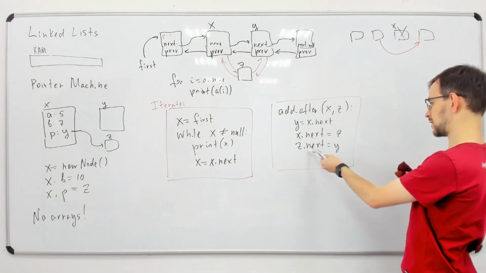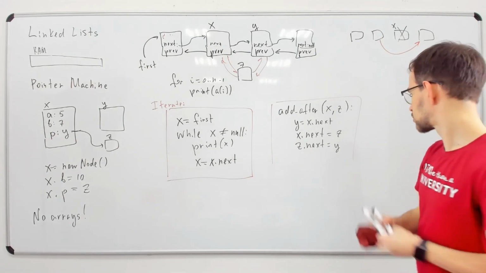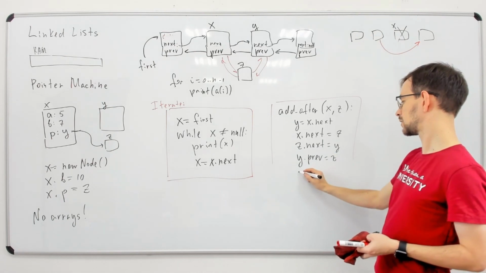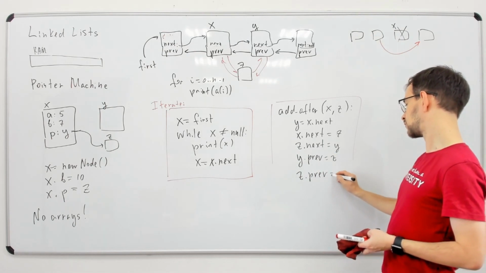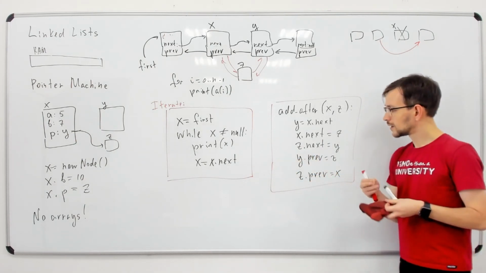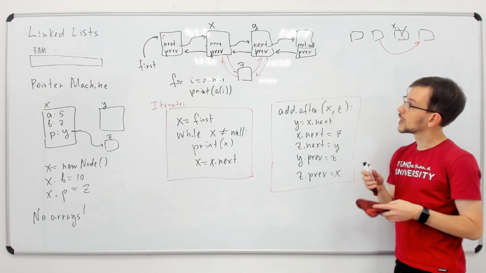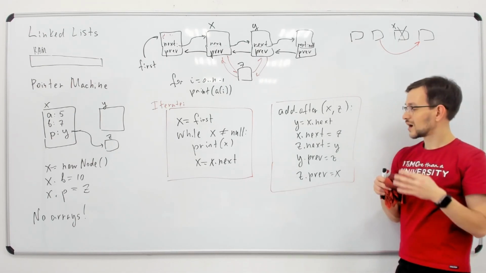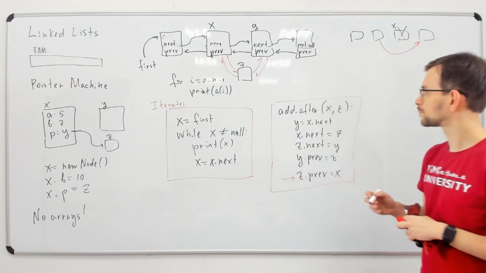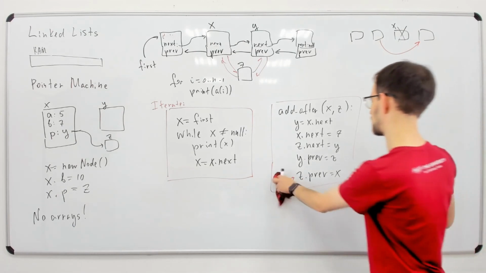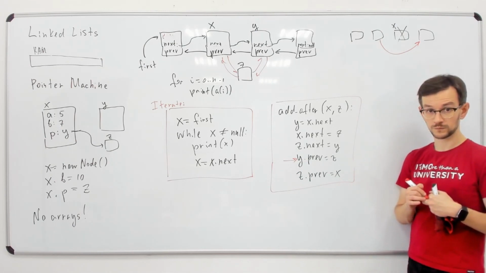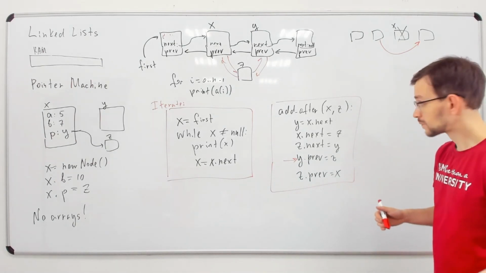X next to Z, Z next to Y, and also Y prev to Z and Z prev to X. And here already I made my first mistake, because here, no, not here, that is Y, here you may have a null pointer exception. Why?